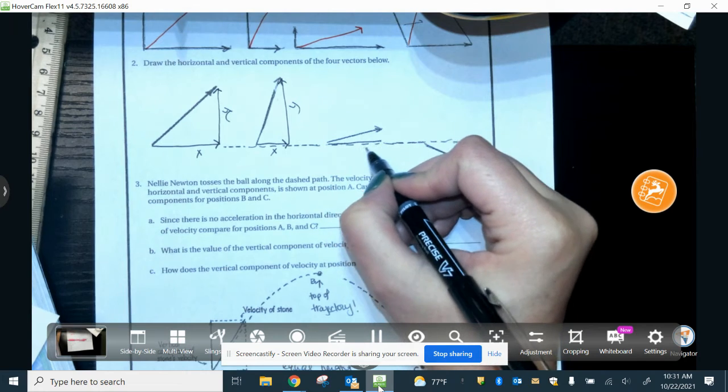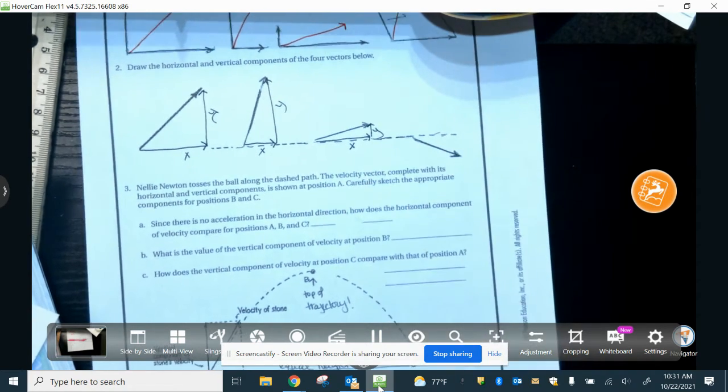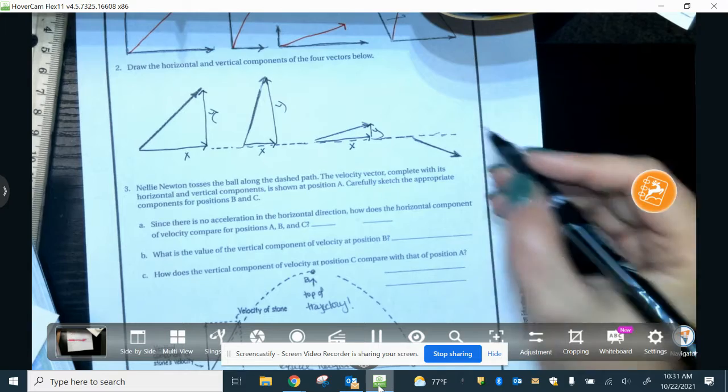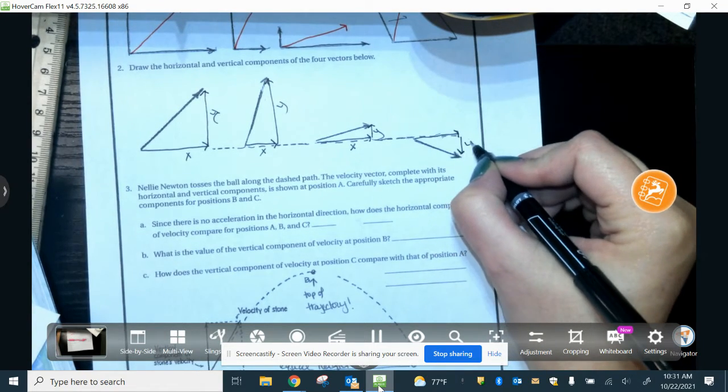You're going to get an x component like that and a y component like this. For the last one, it's going down in the y direction. You still have a positive x and your y is just downward.